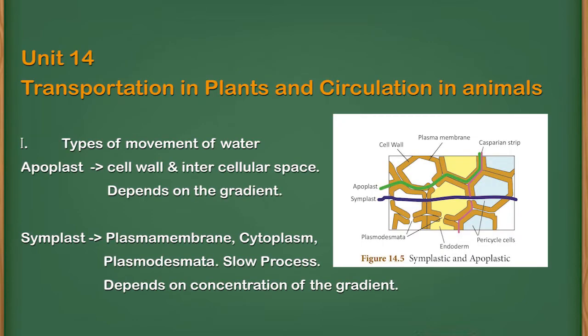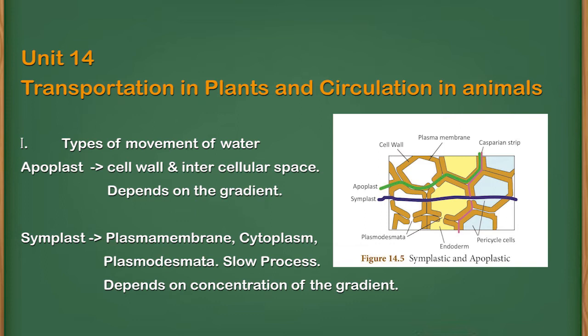Next comes Unit 14, transportation in plants and circulation in animals. Okay. Here, types of movements of water. Look at the picture. There are two directions given. One is apoplast. That means the water will go through the cell wall and intercellular space.